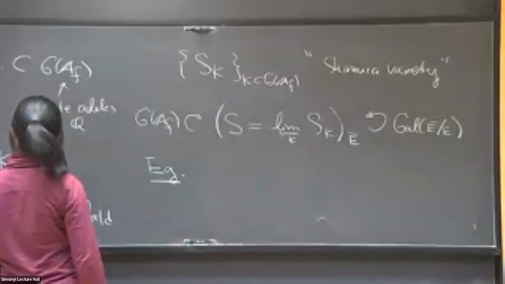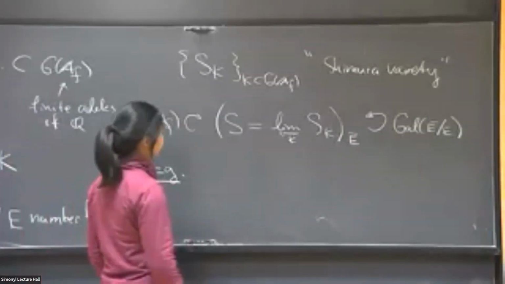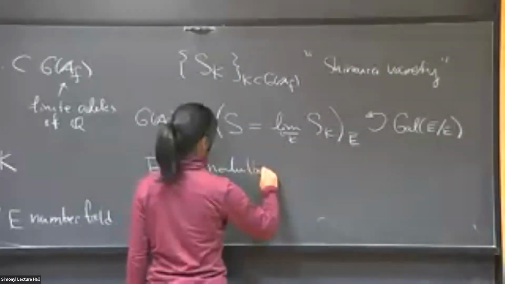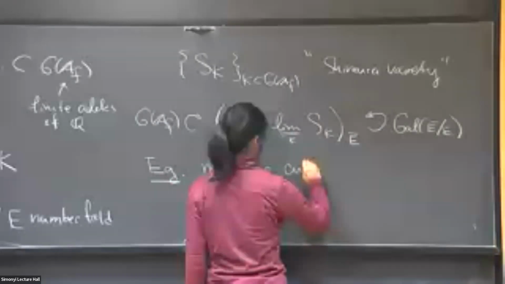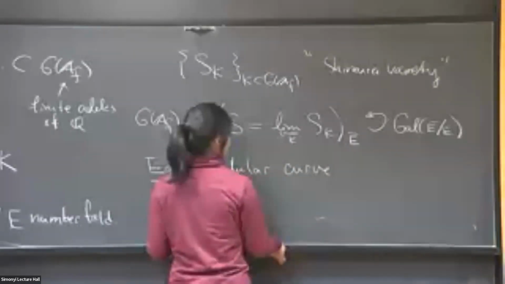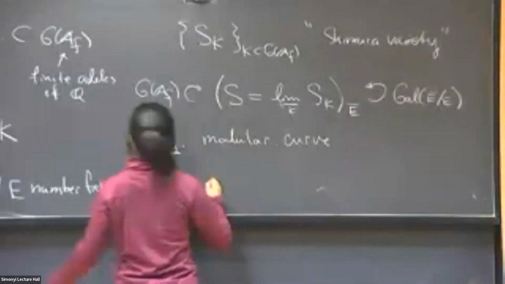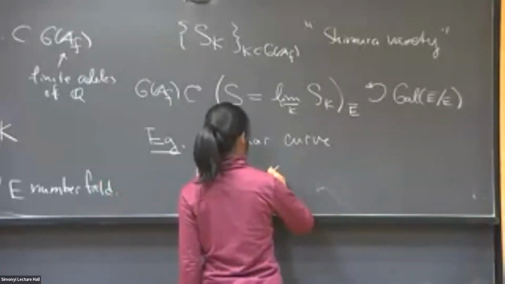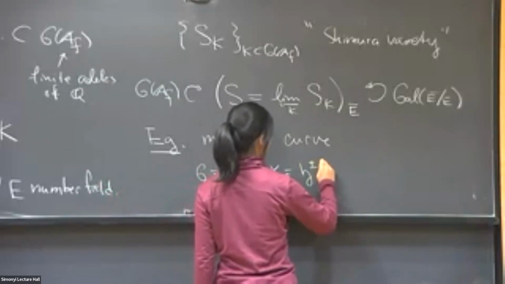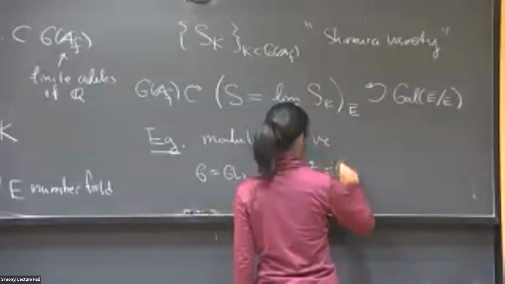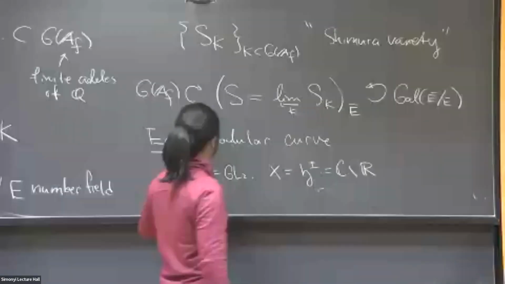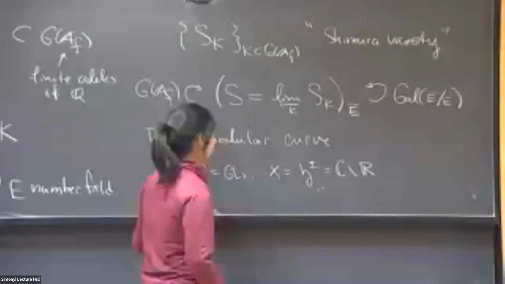And let us do an example that is familiar to many people and which is also the starting point of the Langlands program, namely the modular curve. Here you can take the group G to be GL2 and X to be the union of the complex upper and lower half planes, with the real points of G acting by Möbius transformations.